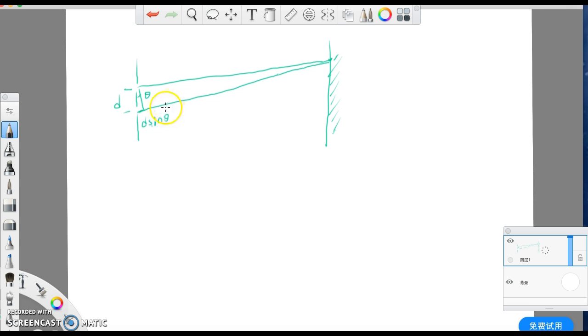theta. The difference between these two waves is just e to the i k d sine theta, and we let beta equal k sine theta, where k is 2 pi over the wavelength lambda.